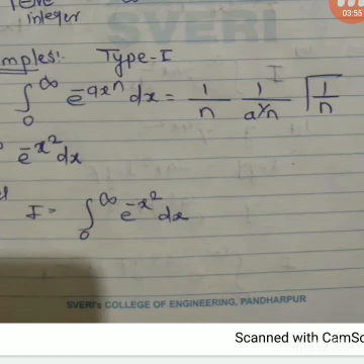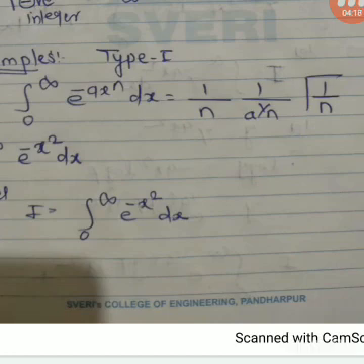If our integral is of the form 0 to infinity e raised to minus a x raised to n dx, then we just have to compare the values of a and n and put them in the right-hand side. That will be the value of the integral.